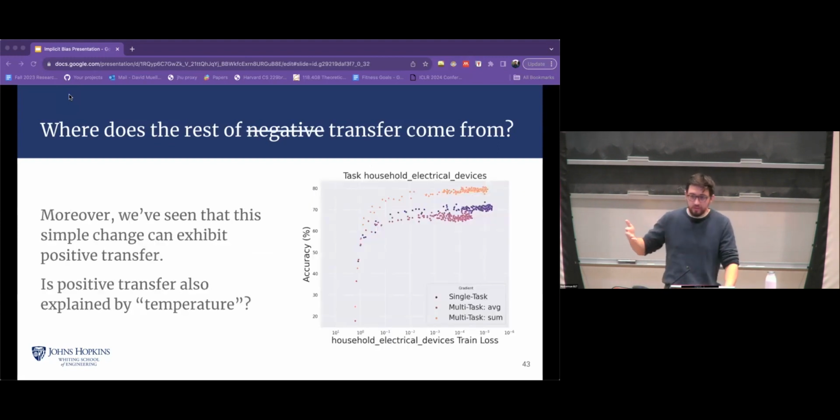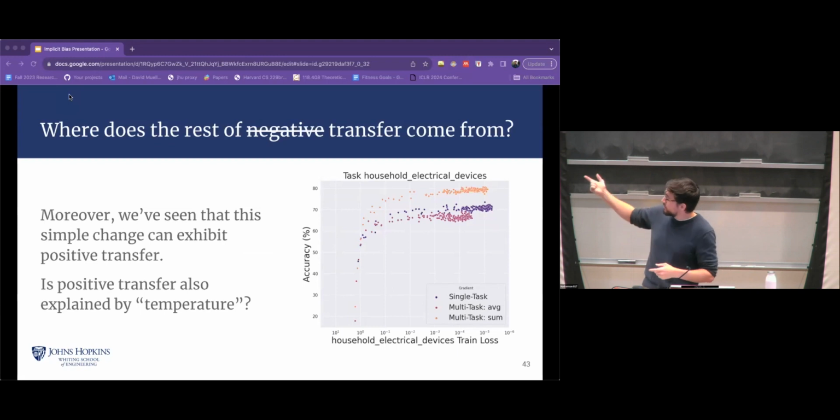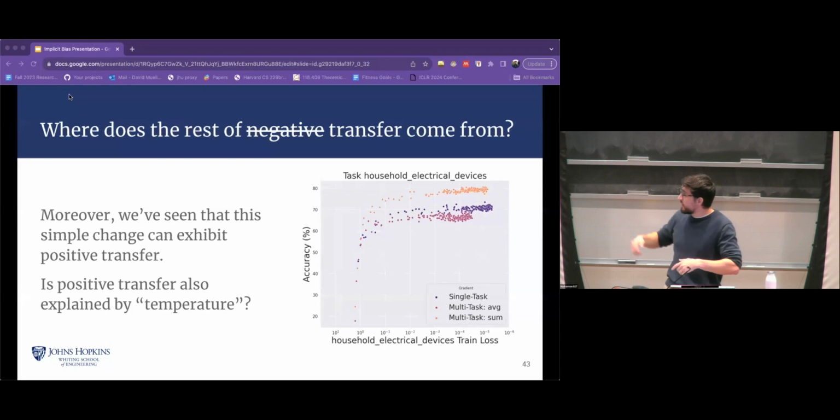And we would also like to be able to explain why we see positive transfer in some settings. So here, when we average, we have negative transfer. When we sum the gradients, we have positive transfer. And we would love to know if the reason that we're getting positive transfer here, over the single task models, is because of the same factors that are giving us better generalization over the average multitask gradient, right?